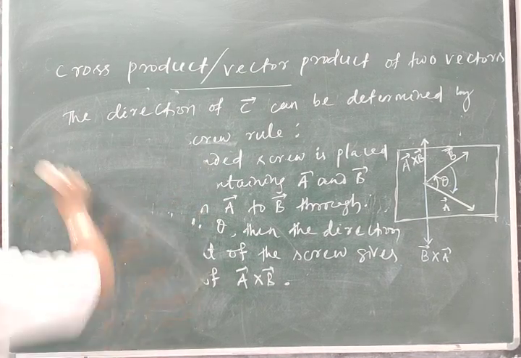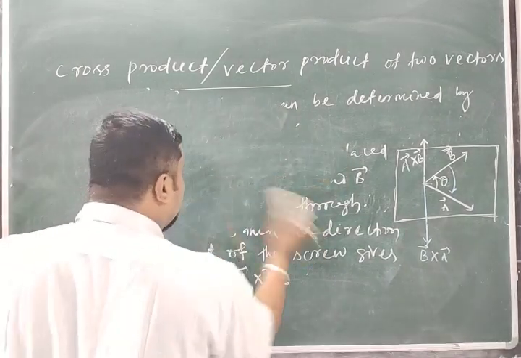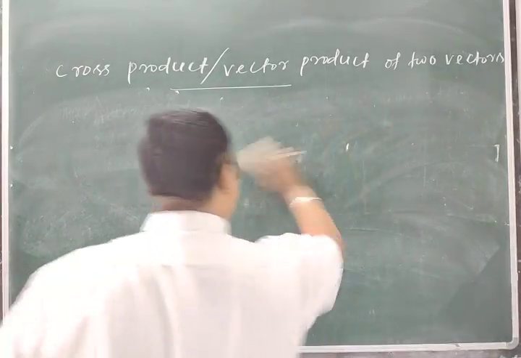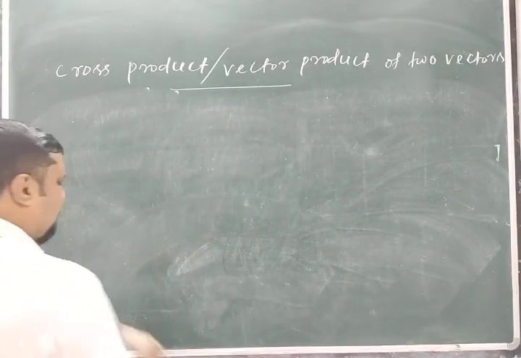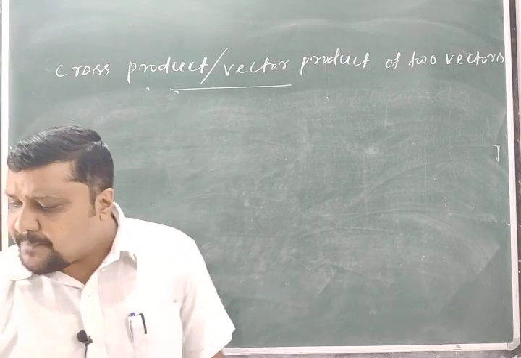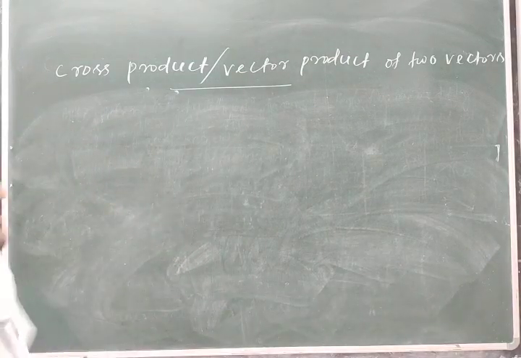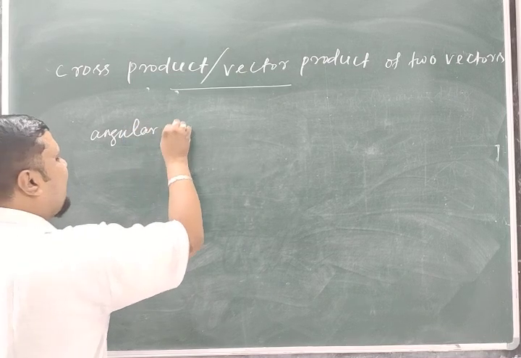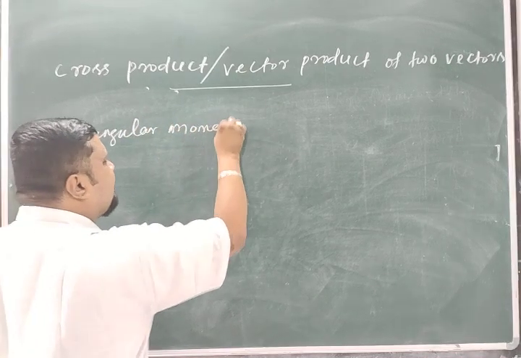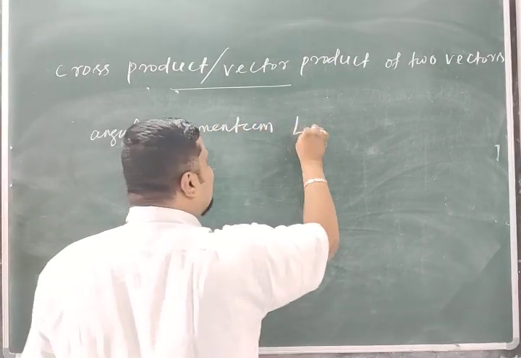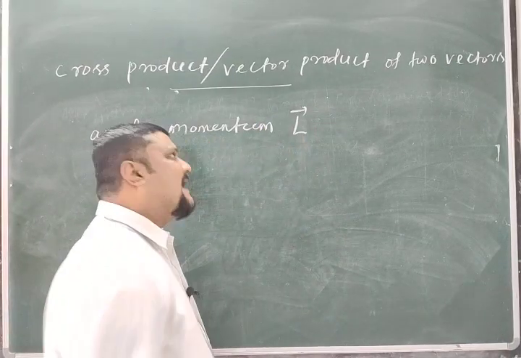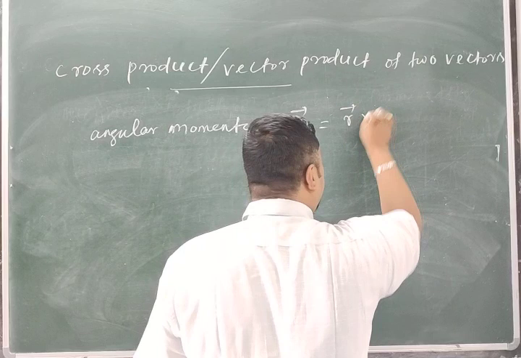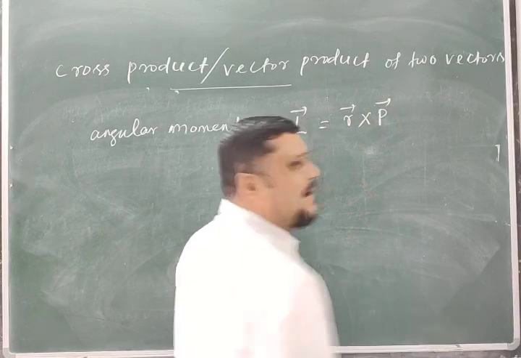When you are doing the cross product, it is giving you a vector. That vector is perpendicular to that plane. One of the examples is angular momentum, taken as L. L is equal to r, the position vector, cross p, the linear momentum.